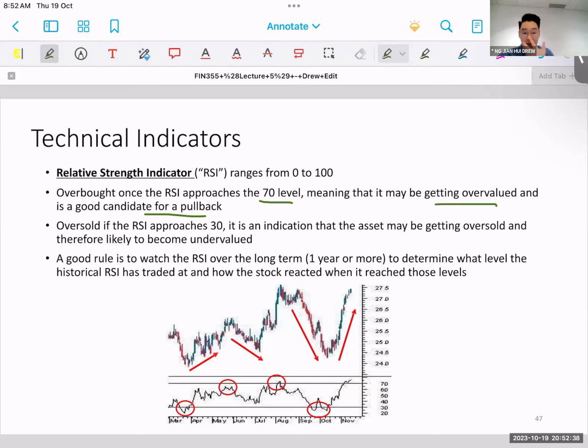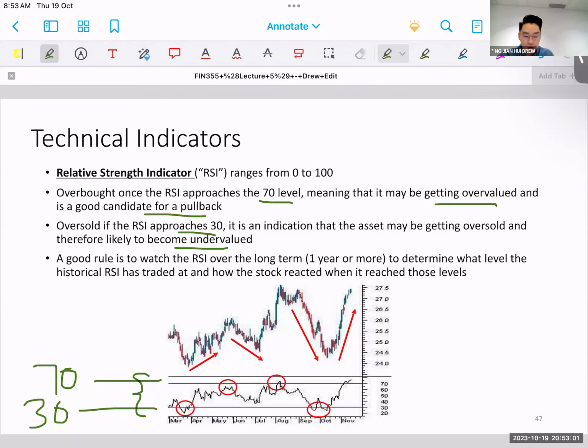It's valued too much, so it's likely that we have a pullback. If it approaches 30, it means that it's an oversold position and it becomes undervalued. So this is the RSI here, right? We have these two lines given at 70 and we have this line given at 30 here.